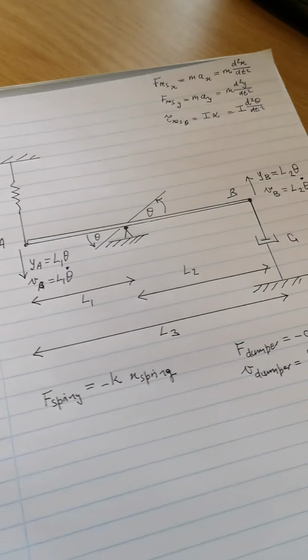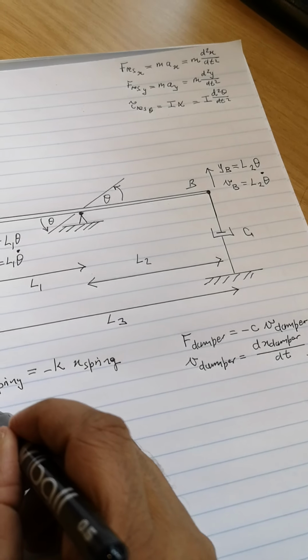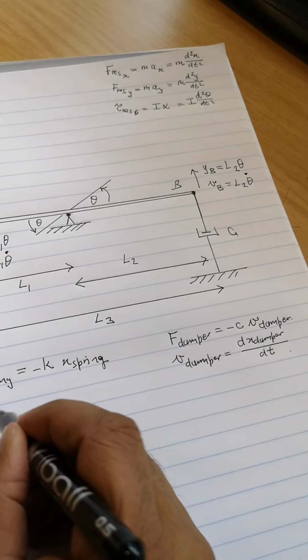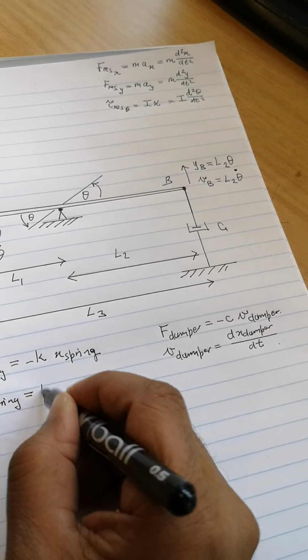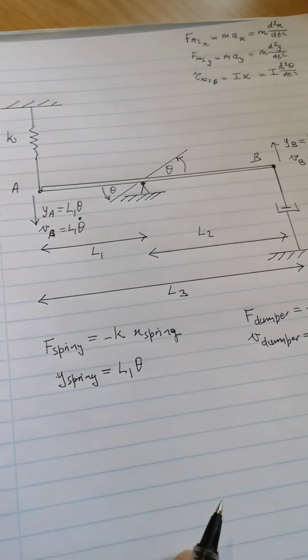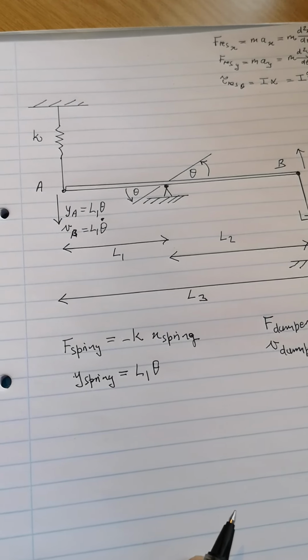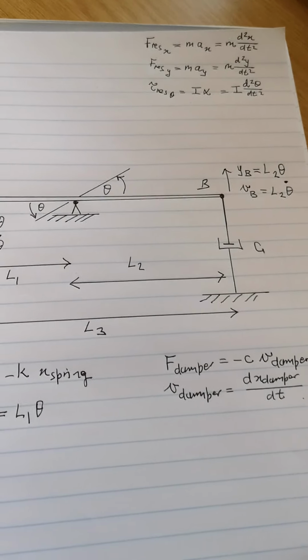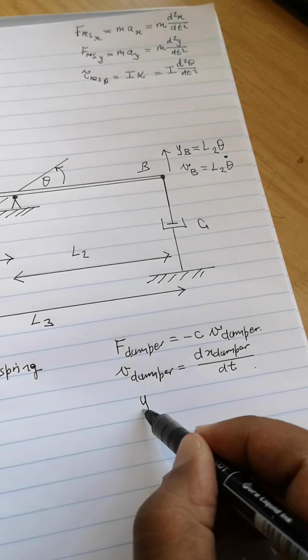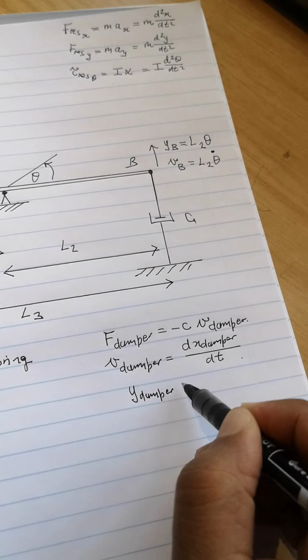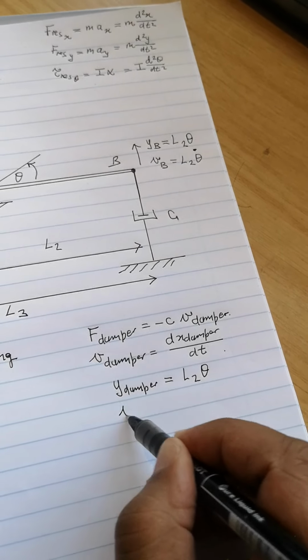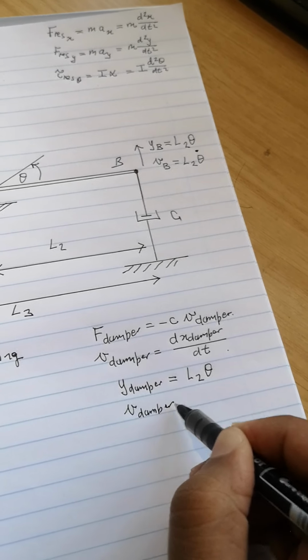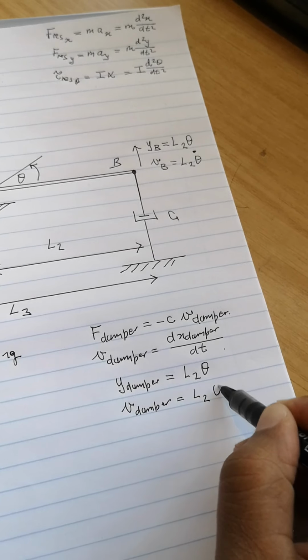So for this particular problem, the deflection of the spring is ya. So in this case, that's the vertical deflection of the spring. And for the damper, okay.